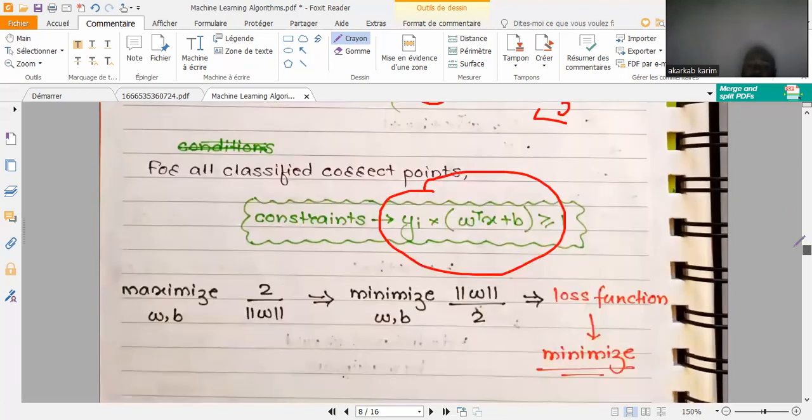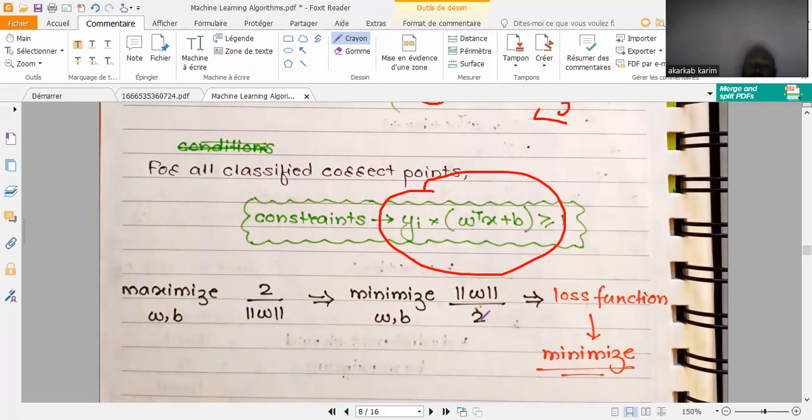Well, if we continue, we want to maximize the margin, so we minimize the magnitude of W divided by 2 by changing W and B. In a loss function we try just minimizing the value.